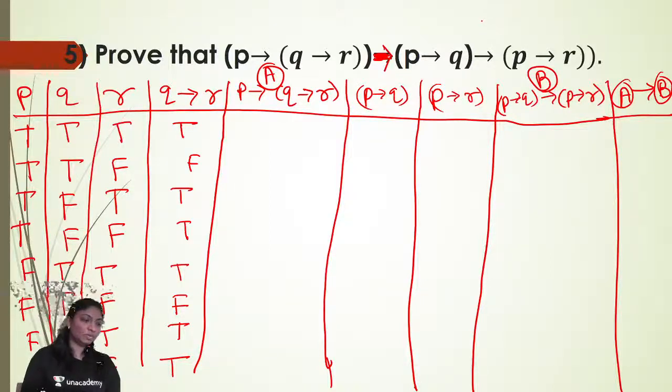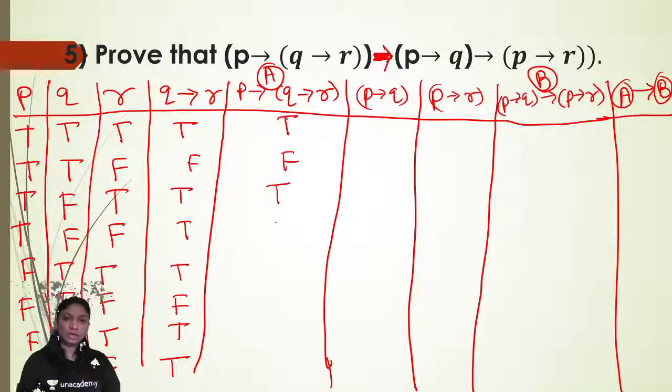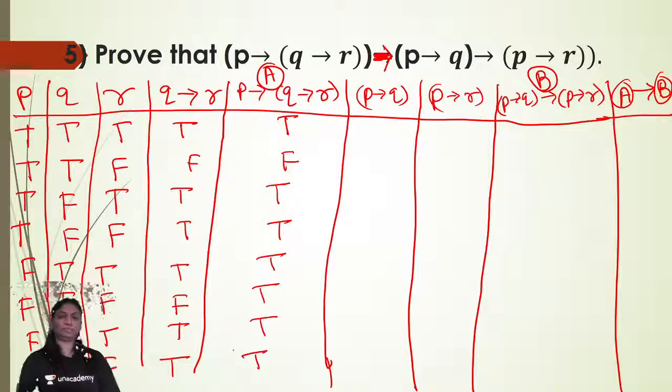So you will get Q implies R like this. Now P implies Q implies R: T T T, T F F, T T T, T T T, F T T, F F T, F T T, F T T, right?